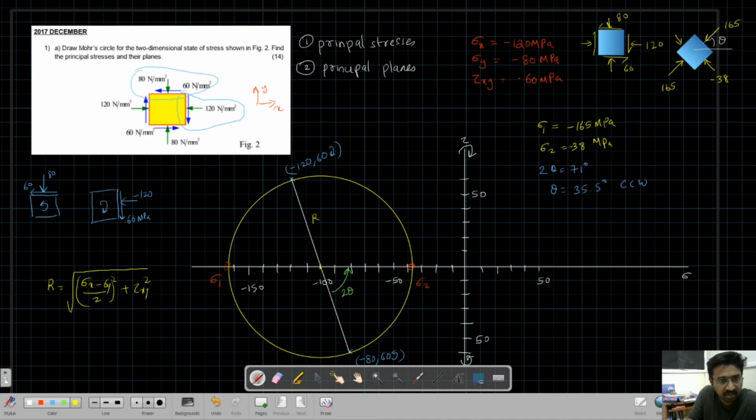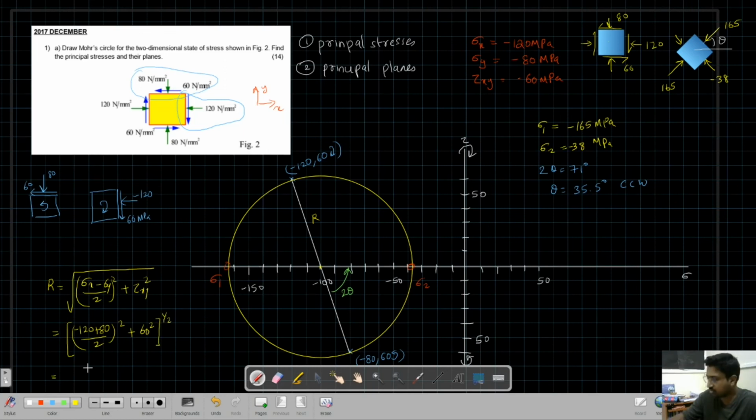So this is there in the Mohr circle derivation. If you see, sigma x is minus 120, so minus 120 plus 80 by 2 whole square plus 60 square, whole to the power half.